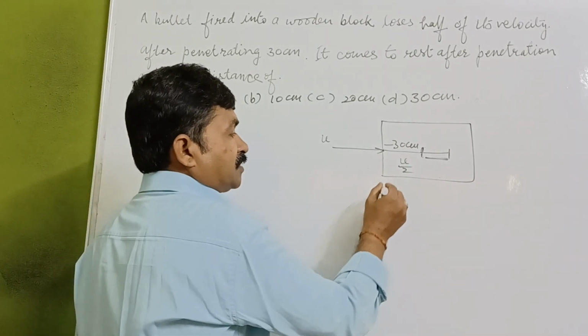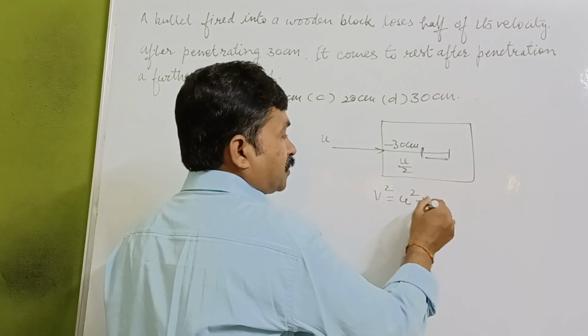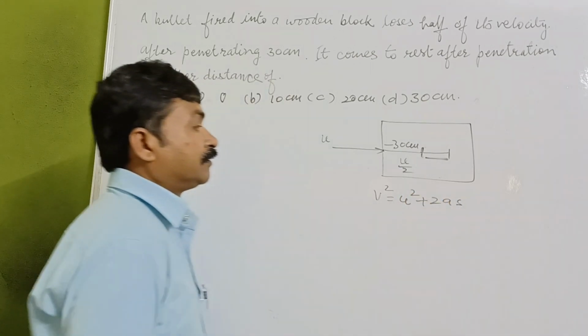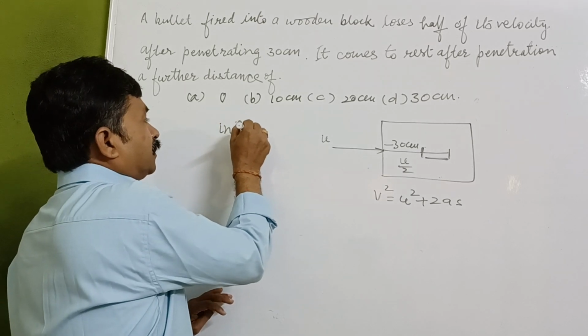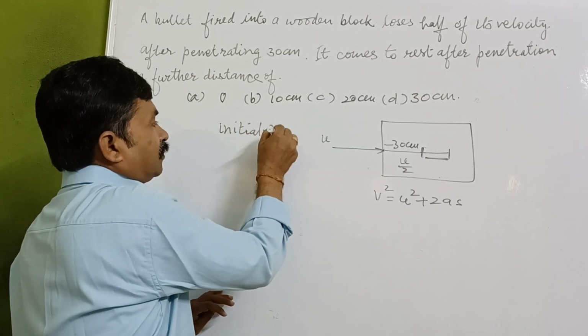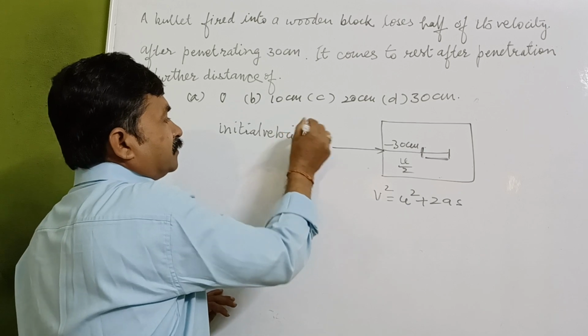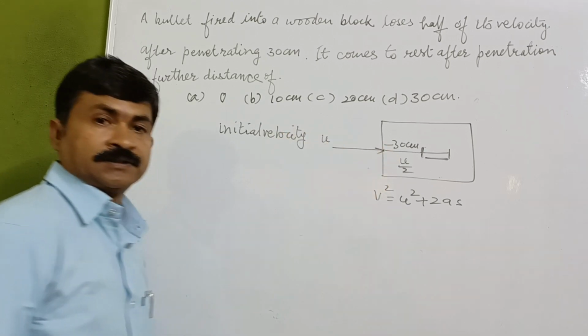If we see, v square is equal to u square plus 2as. Initially we have taken the initial velocity as u.